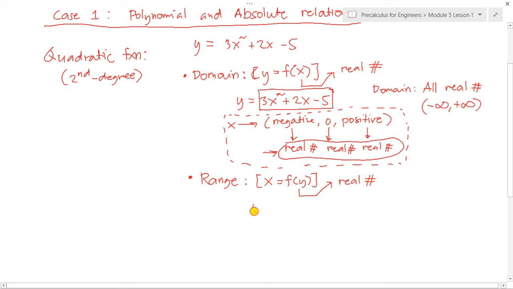So here we are given y is equal to 3x squared plus 2x minus 5. Okay. So here, class, do you think we can transform this into this? It is difficult. How about the others?